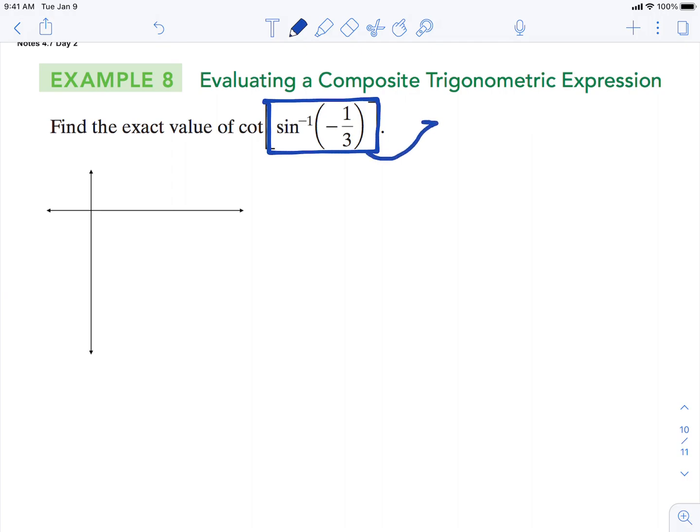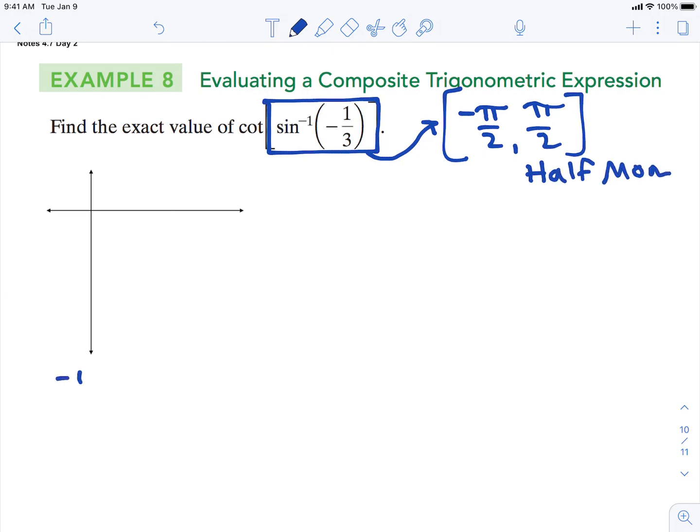So this is an inverse function, so our restriction is going to be between negative pi over 2 to pi over 2 for our angle. So we're looking at the half moon. So our angle is going to fall between negative pi over 2 and up here at pi over 2.